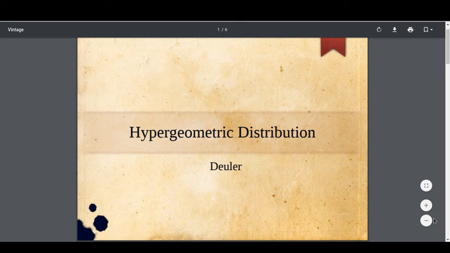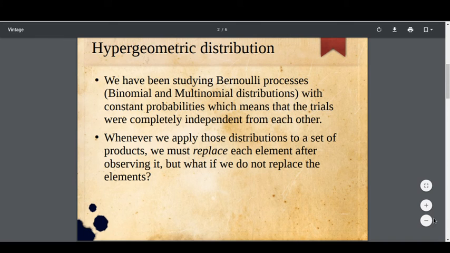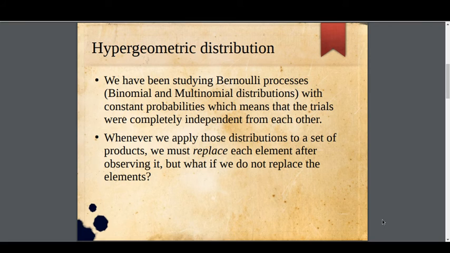It is quite different from the binomial and the multinomial distribution because if you remember, in those distributions the probability was always a constant, and it was always a constant because we replaced the elements that we observed. And how do we know that?